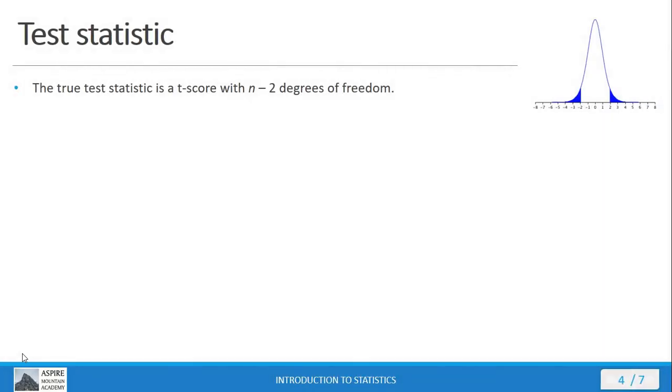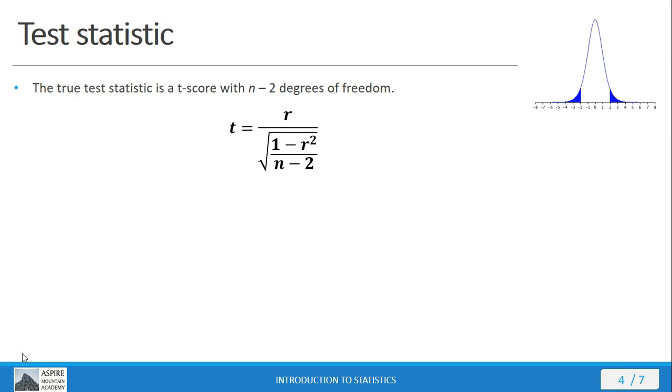Of course, the quote-unquote test statistic is not the true test statistic. The true test statistic is a t-score with n-2 degrees of freedom. So if you're asked to calculate a true test statistic for any of your problems, you've got to go to your t-calculator or just use this handy-dandy equation here. The other way to get it, I think, is with the ANOVA table in StatCrunch, but we'll look at that in a moment.